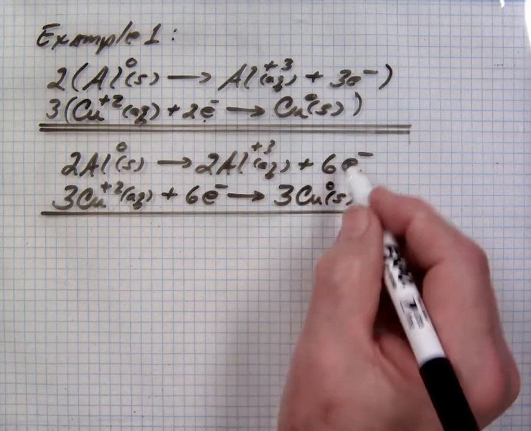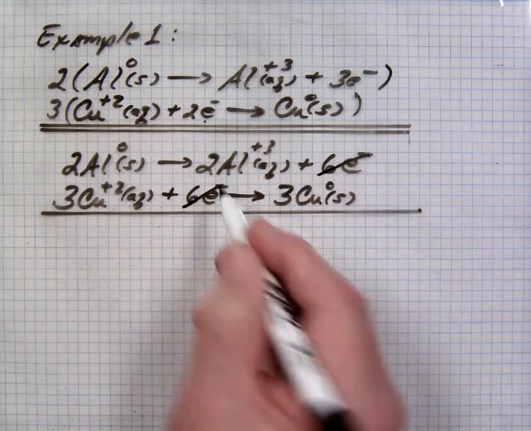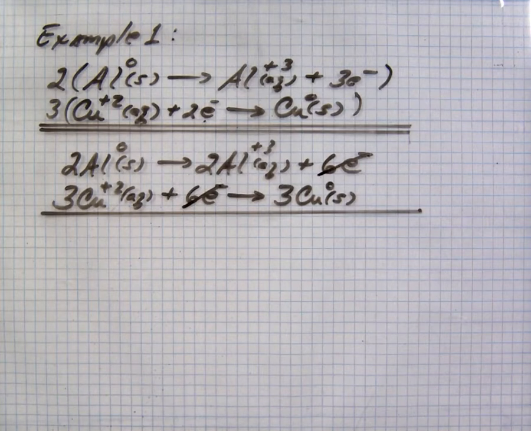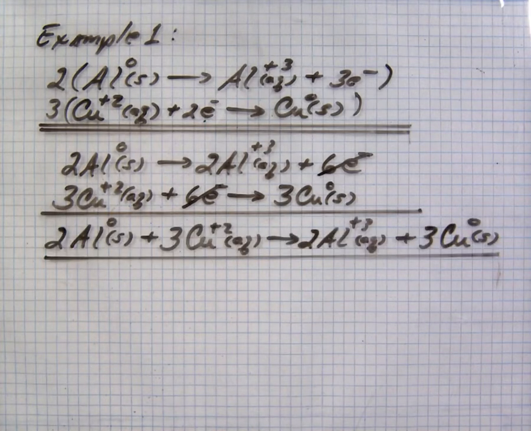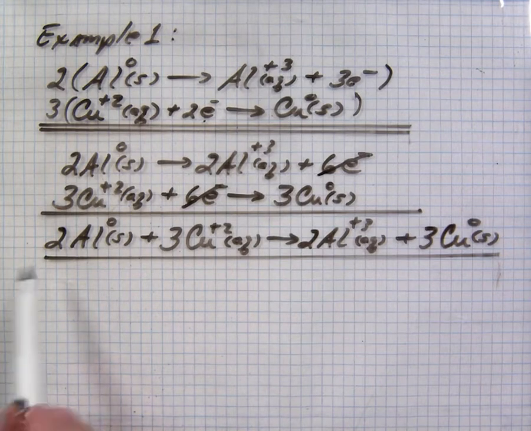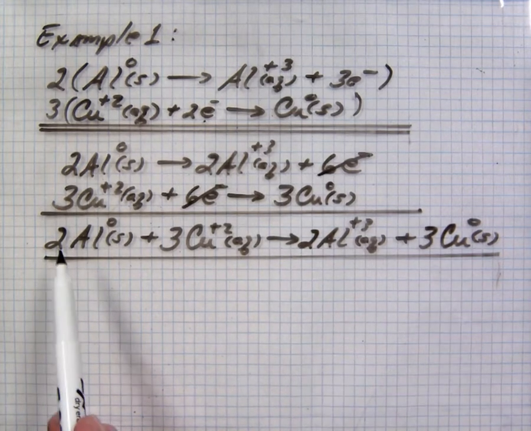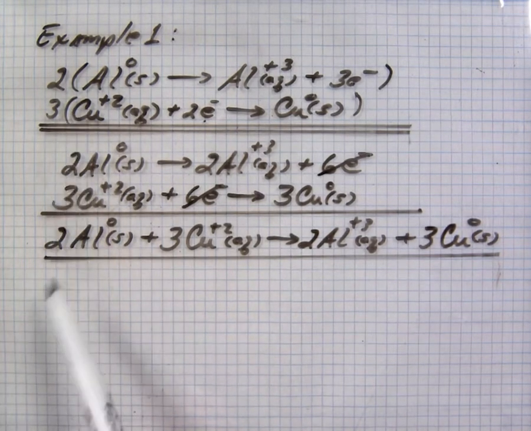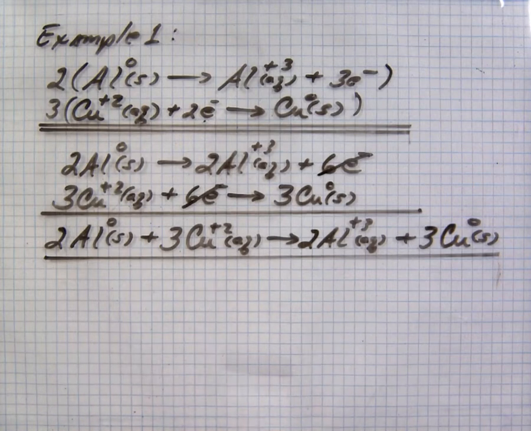So we then can simply cancel the electrons out and then add the aluminum oxidation reaction to the reduction reaction of copper. So this gives us the net reaction between these two to give 2 moles of aluminum, 3 moles of copper ions, 2 moles of aluminum ions with 3 moles of copper.